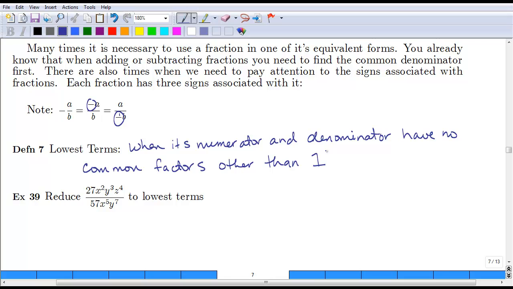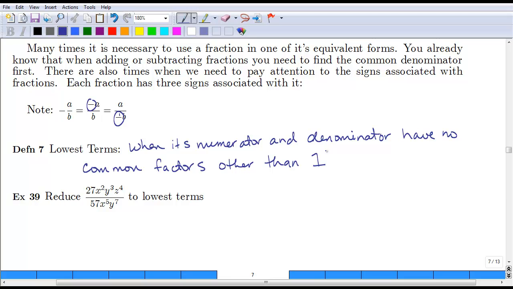It's our unit. So in this case, when we talk about lowest terms, we're saying, okay, if the numerator and denominator have a common factor, we can factor that out and divide by it, and anytime you divide a number by itself, we end up with 1.